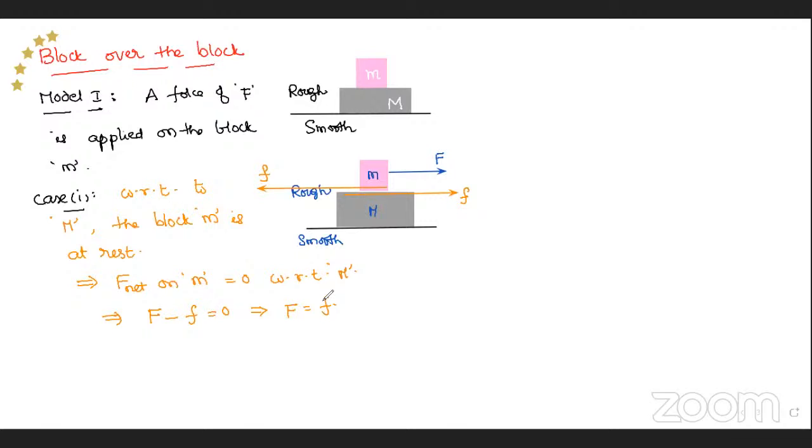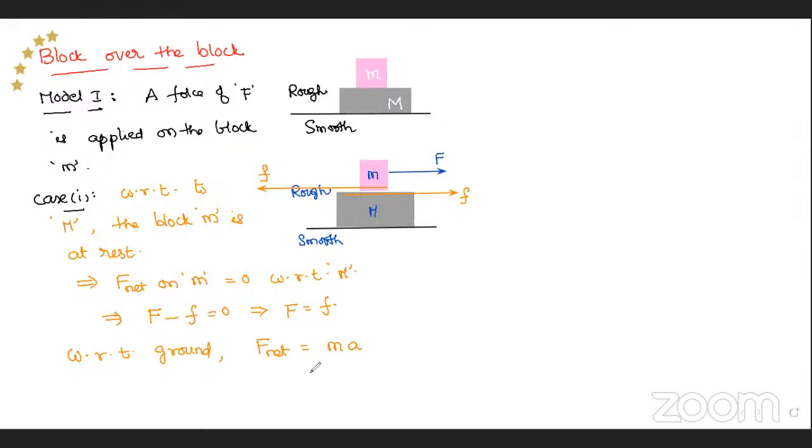Yes. And with respect to ground, if I ask, the bus is moving, and along with the bus, the person is also moving with the same acceleration as the bus. That's why I say F net is equal to small m into a.